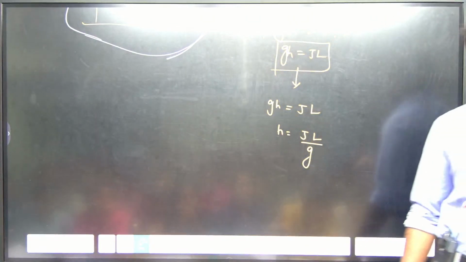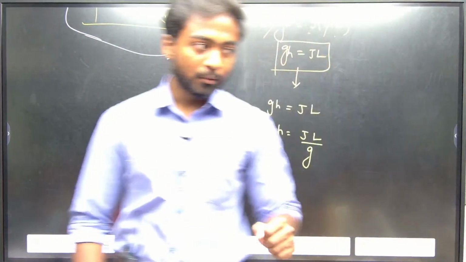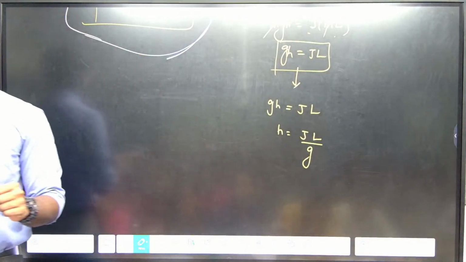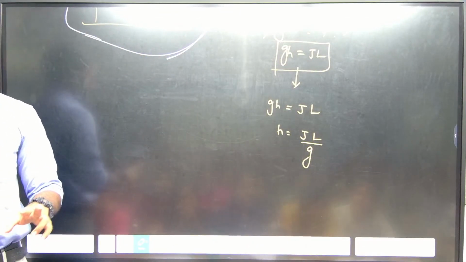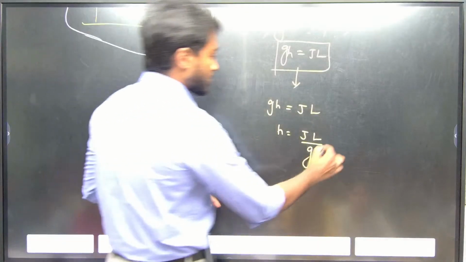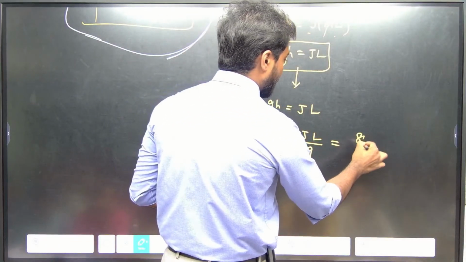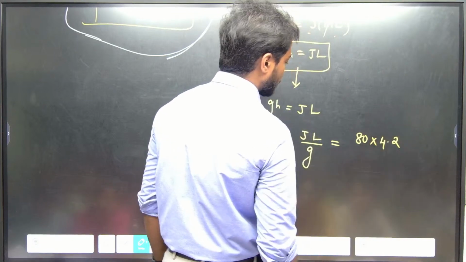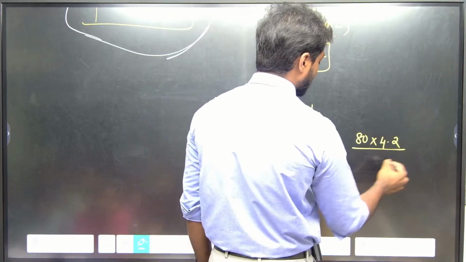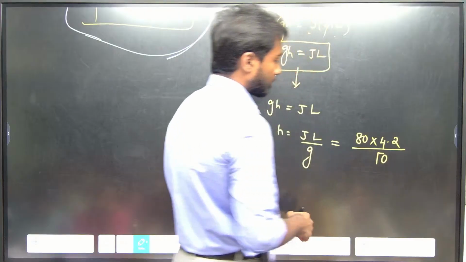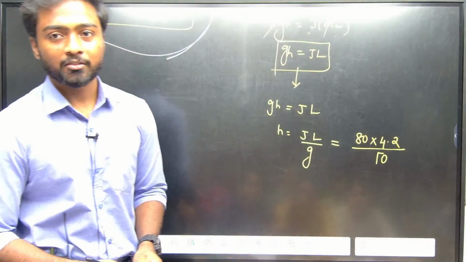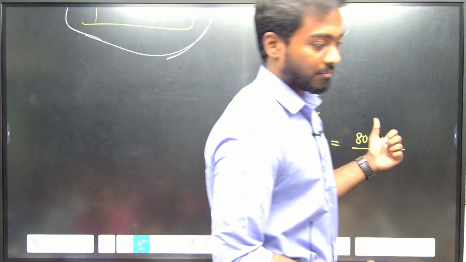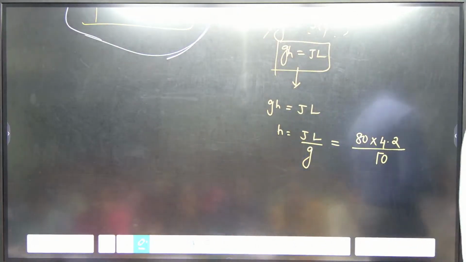So now what happens here? Solid to liquid. How much have they given? 80 calories per gram. So 80 calories, 4.2 divided by 10. Then that's it. Get the value now.